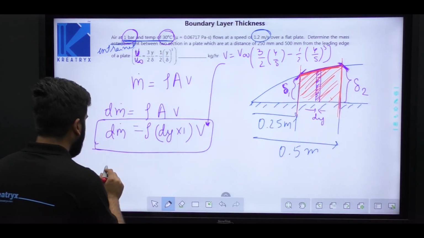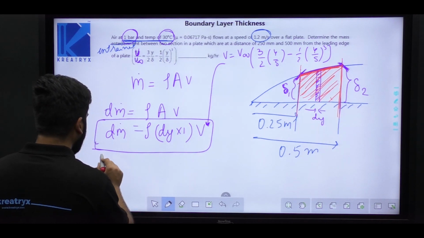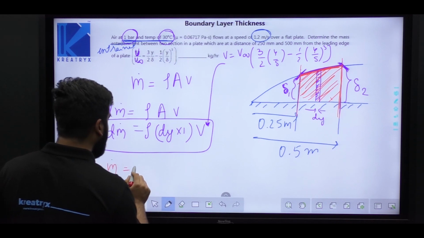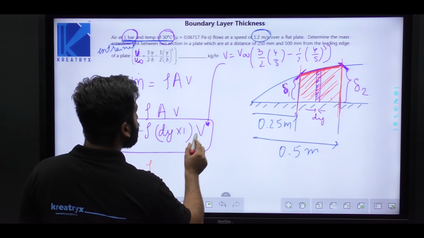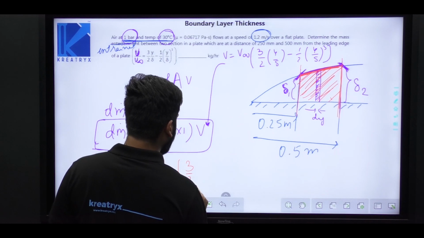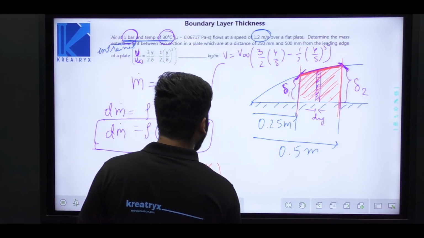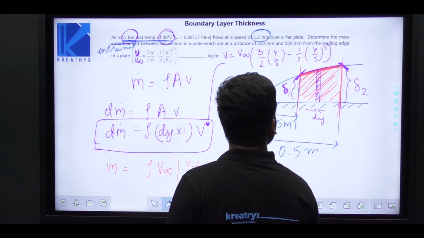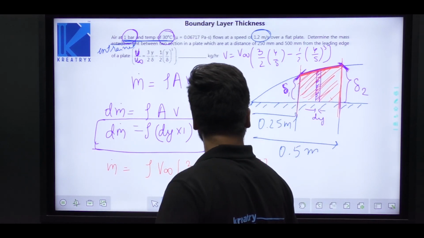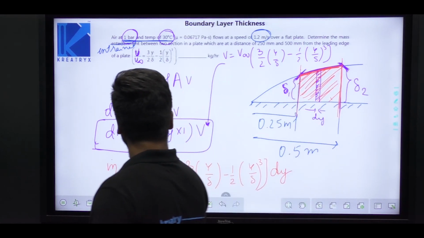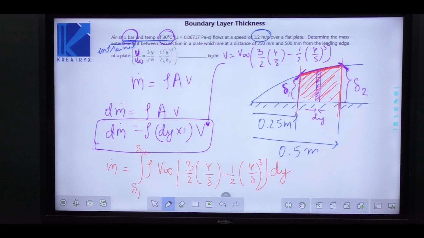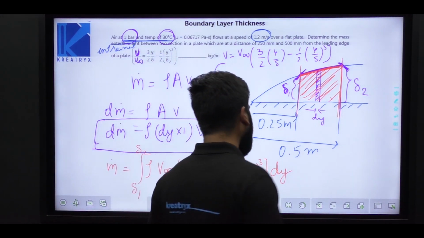So m dot is equal to rho times V infinity times 3 by 2 y by delta minus 1 by 2 y by delta cube, integrated with respect to dy from delta 1 to delta 2.